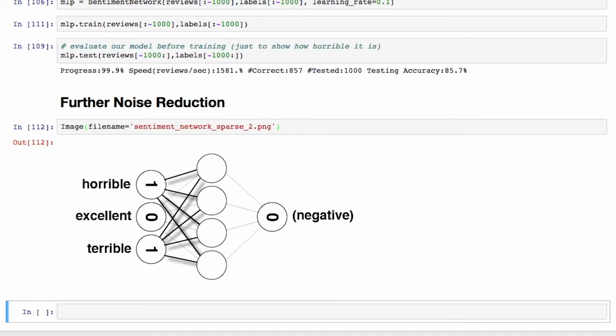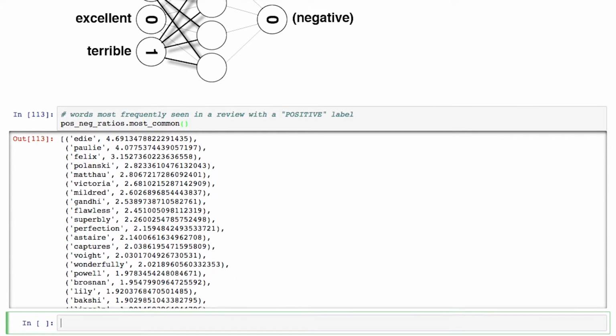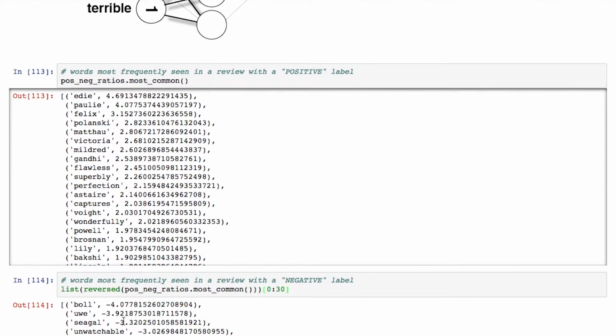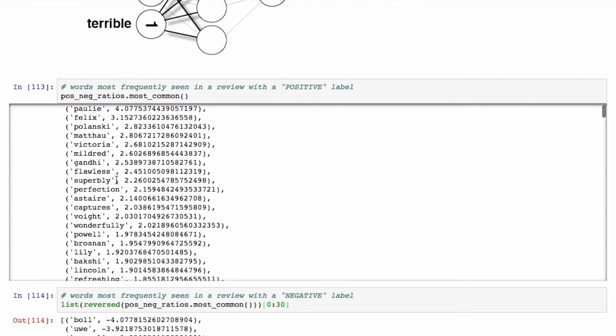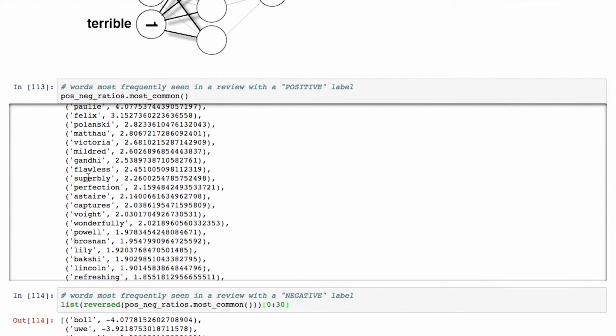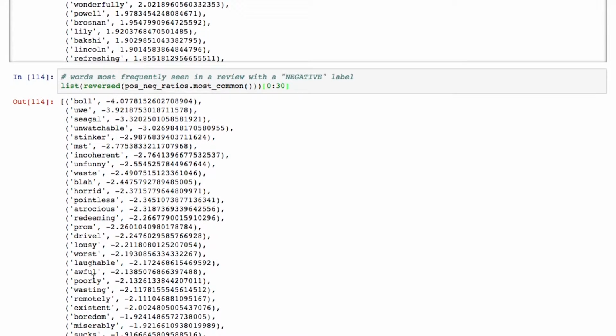Now, it's kind of funny. Earlier, when we were doing a small validation of our idea, what did we do? We created this ratio where we identified what words were really important, what words had the highest correlation: flawless, superbly, perfection, or unwatchable, pointless, atrocious, redeeming, laughable.